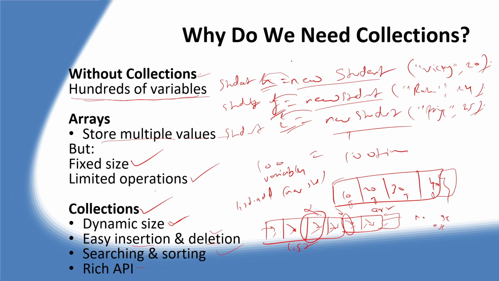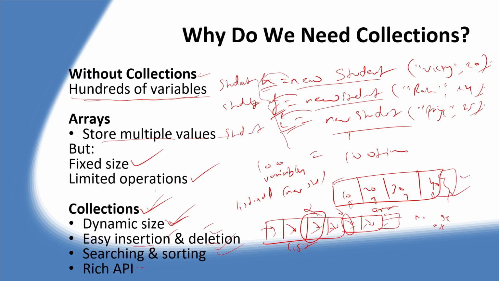I hope you understood the problem: defining 100 variables, and in array, limited size, limited operations, fixed size. So these were the problems which were overcome by the collection. Dynamic in size, insertion, deletion, searching, sorting, these operations are very easy using the collections framework. So that's why we need collections.